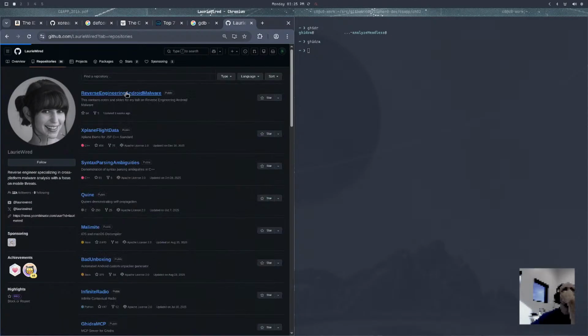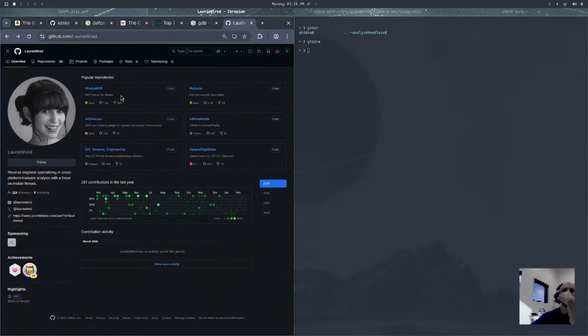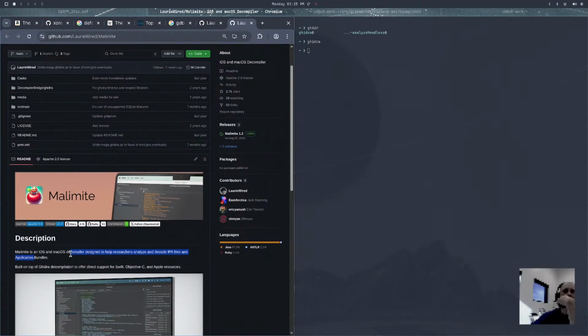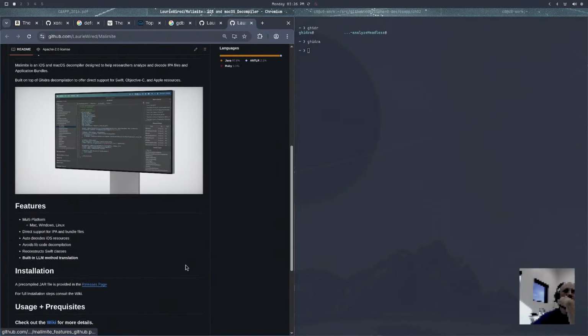She has an MCP server for Ghidra, Malimite. It's an iOS and macOS decompiler designed to help researchers analyze and decode IPA files and application bundles. It uses Ghidra decompilation to offer direct support for Swift, Objective-C, and Apple resources.